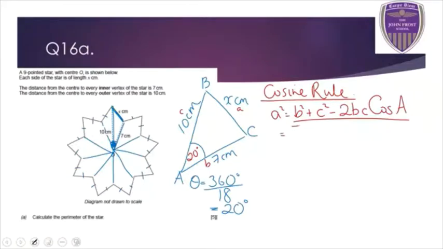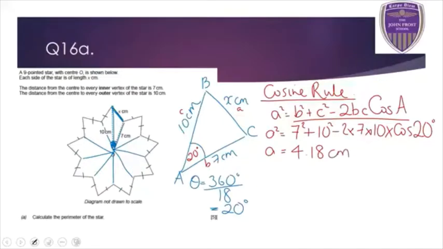So it'll be 7 squared plus 10 squared minus 2 times 7 times 10 times cos of the angle, which is 20 degrees. Now, when you put that in, that gives you a squared, so once you find the square root of it, it will be 4.18 centimetres. So what you've just worked out is one of the x's.